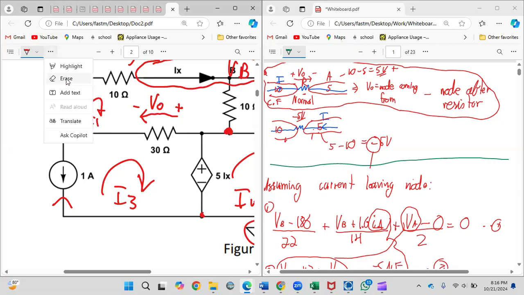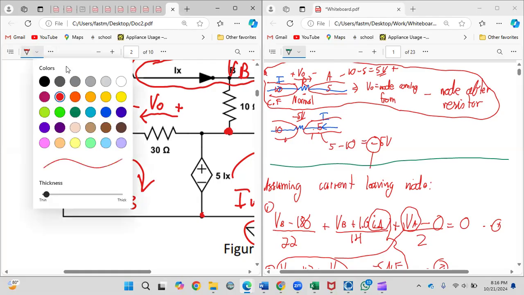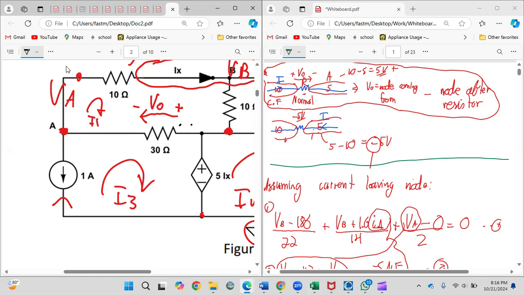So what you do is draw your directions for your currents. You have I1 going here, and then you have I3 going so.